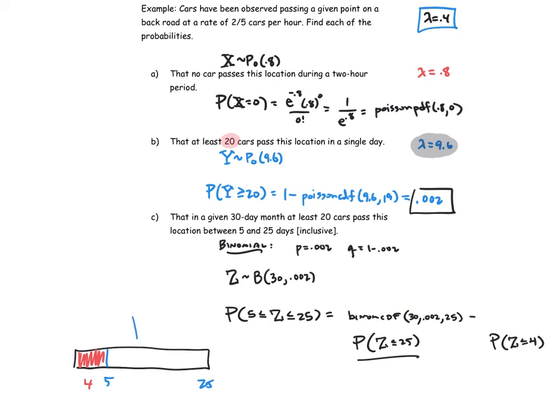Now this is a very informal visual, but it helps you to see that. Okay, so then I would do the same thing here, binomCDF, 30, 0.002 and 4. That then gives us the probability that this particular variable is between 5 and 25 inclusive.